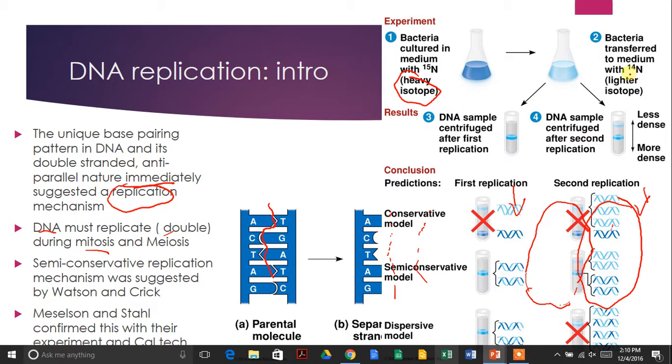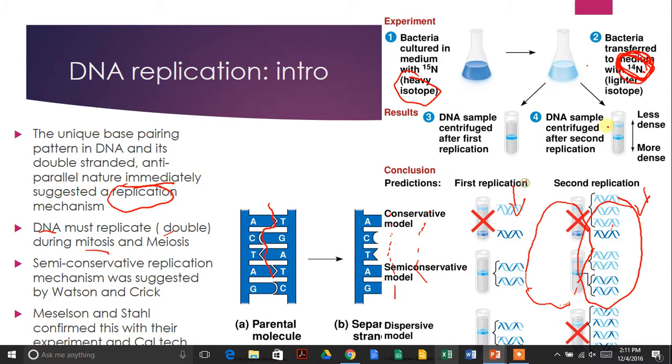The second one was transferred and grown with nitrogen-14, which was lighter, and it was put aside for its second replication.